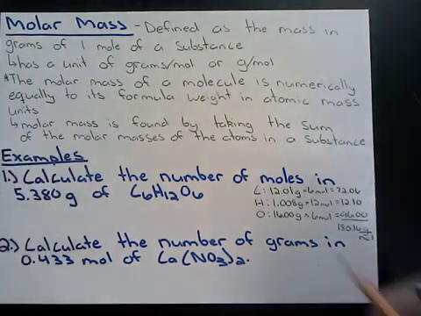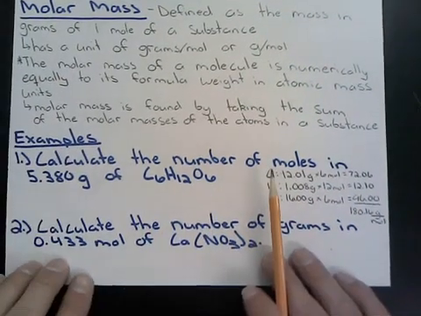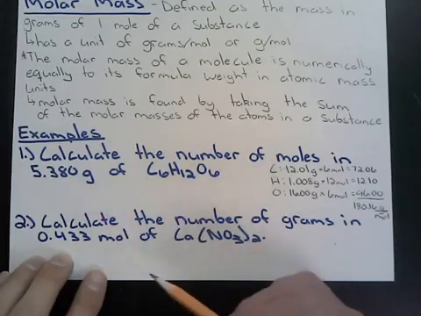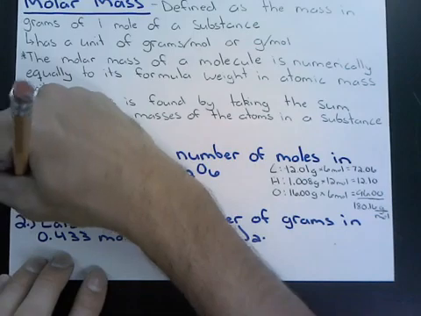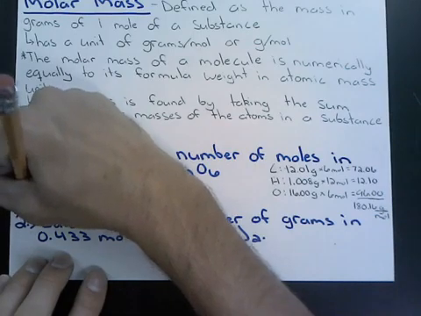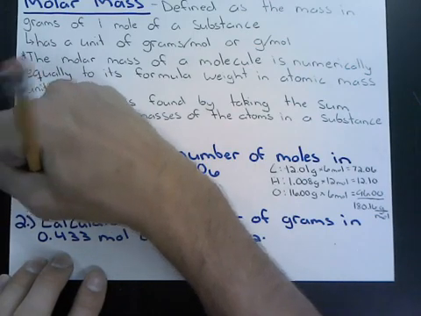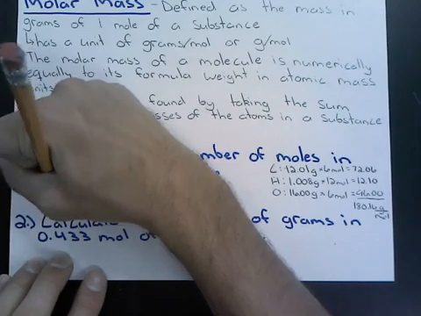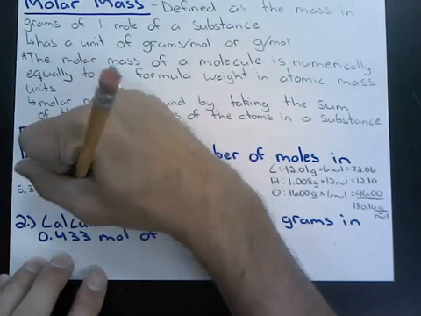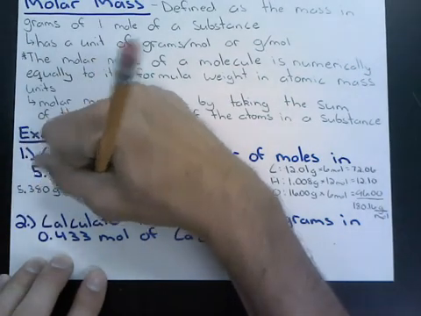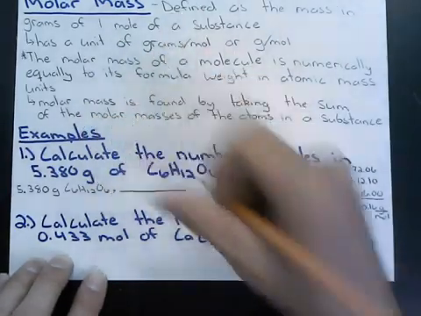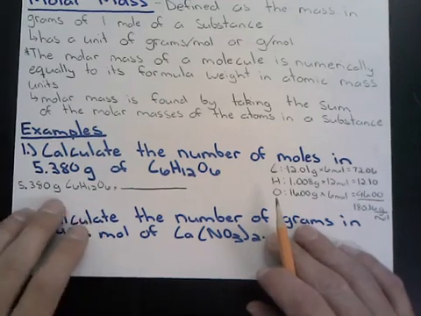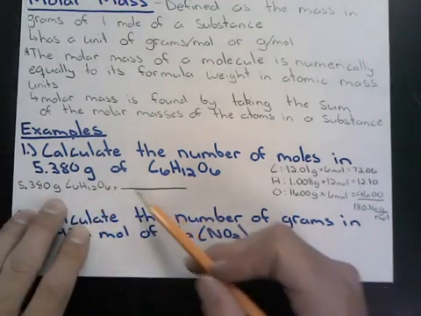Okay? Now, we can use this to calculate the number of moles in 5.380 grams. What we do, we always start out by writing down exactly what is written. So 5.380 grams of our sugar, C6H12O6, is multiplied, or we set up our conversion factor to have grams, the diagonal unit, cancel out.